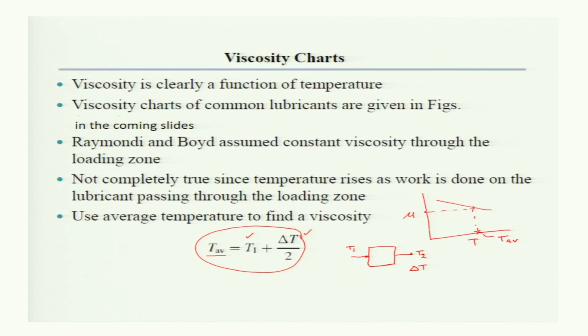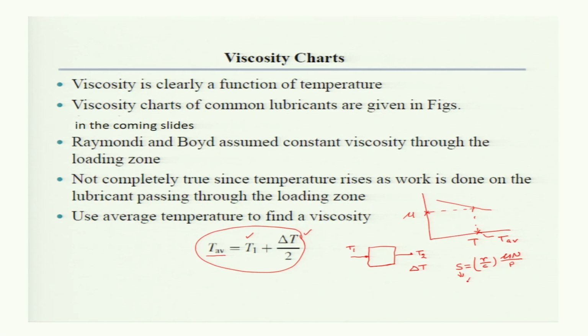Now, corresponding to this mu, we will get the Sommerfeld number S, because that is R by C square, mu n divided by P. Knowing all other parameters, now we can find the value of S. This S will give you the value of rise in temperature. There is a chart which gives us the rise in temperature corresponding to a particular Sommerfeld number.